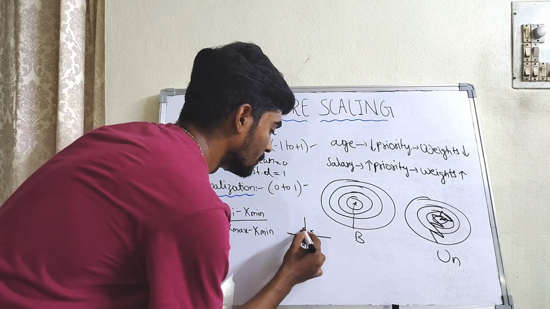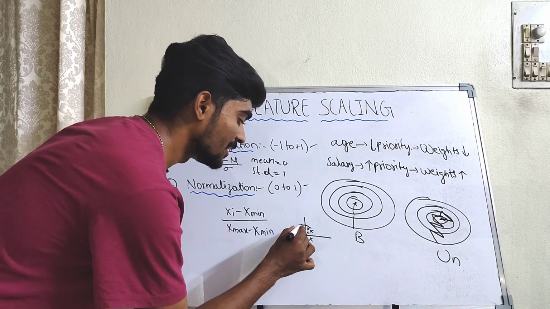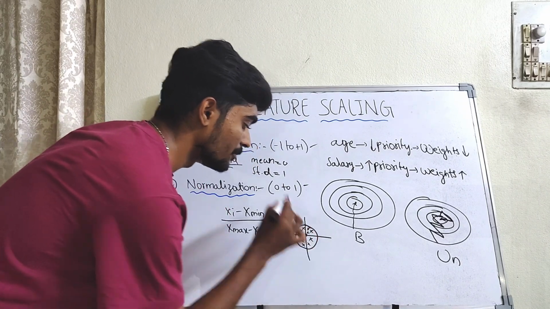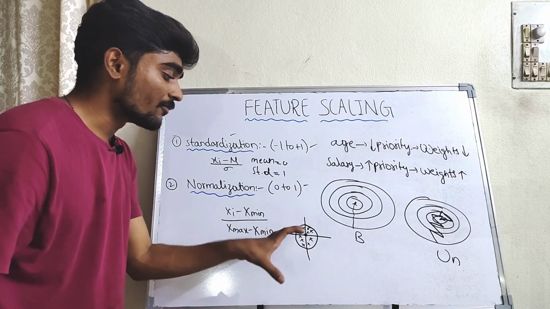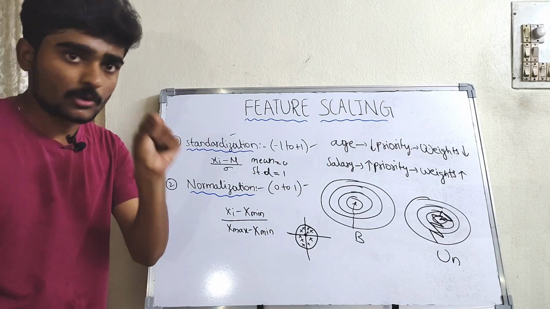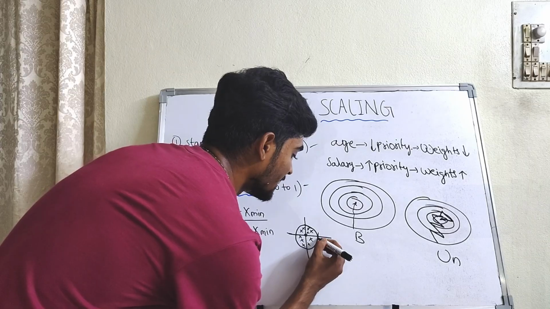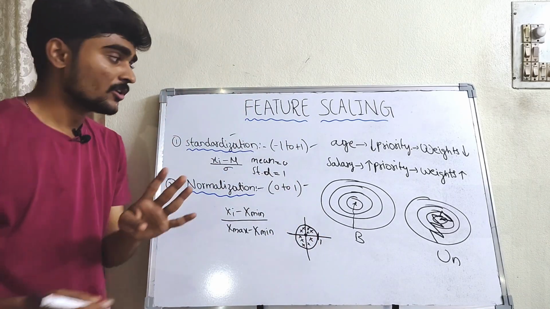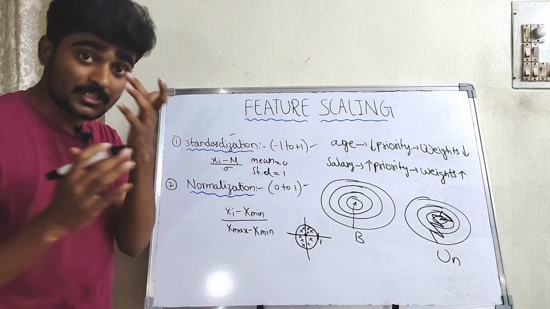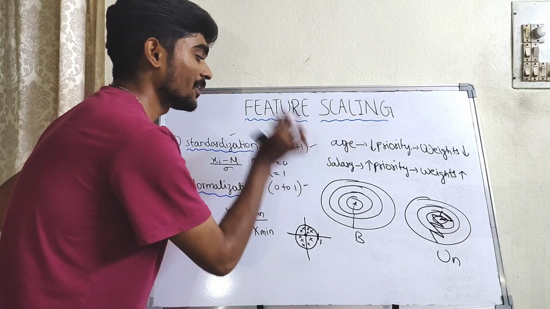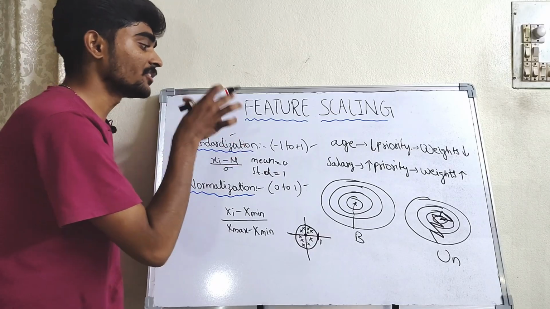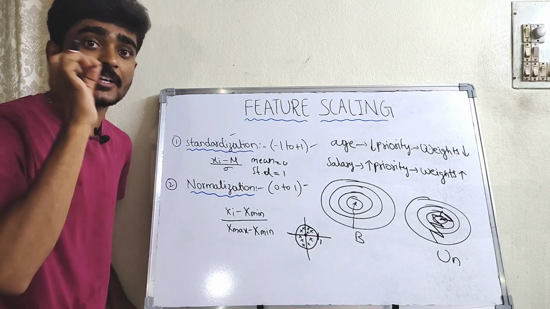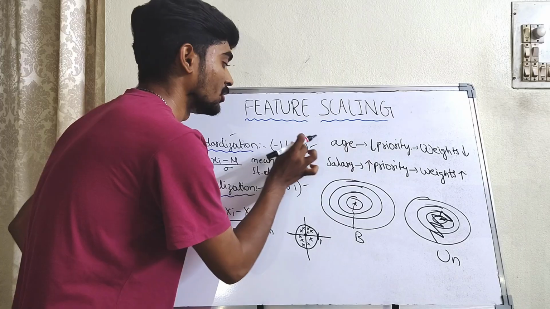So each data point will be mean centered, that is, they revolve around the origin with standard deviation 1. So the scale of each data point will be roughly from -1 to +1.